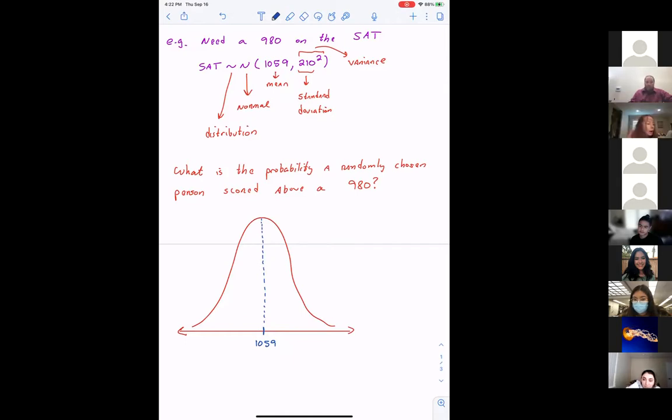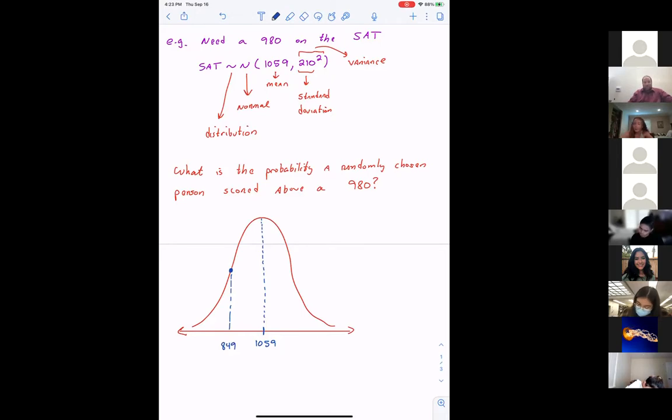Isn't it when it starts turning into a bowl shape? Yes, from the hill to the bowl, it's called the point of inflection. It's where it transitions from being like a hill to like a bowl, somewhere around there, give or take. Does it sound like a reasonable amount? So right here, this is 849.